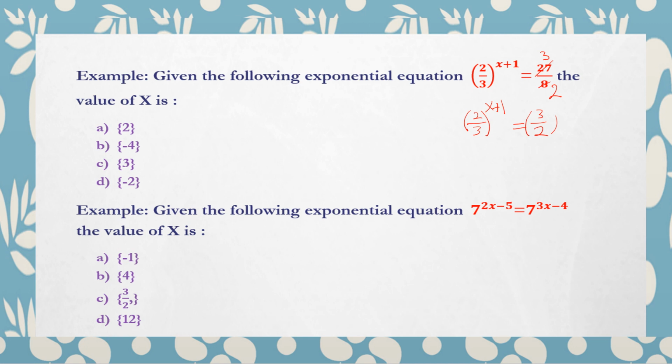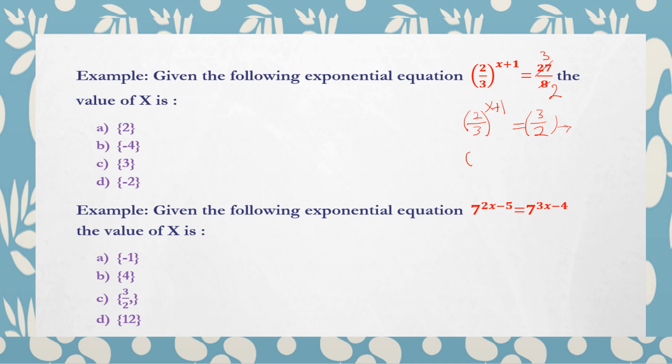But in this form, the two bases are not equal. So we have to transform this factor into 2 over 3. In order to get the reciprocal of this factor, we should give it a negative exponent equal to minus 1.